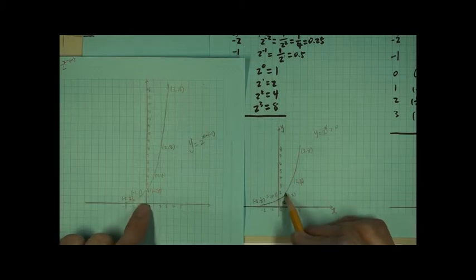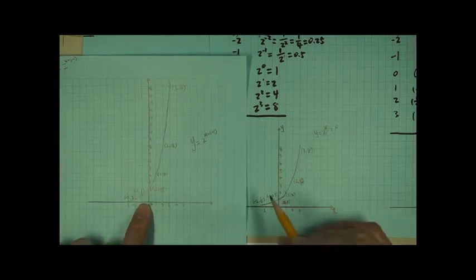It was here, the y-intercept 0, 1. But now if you shift this point to here, you have 0, 2. That's why the y-intercept is 0, 2, because this point shifts right here. And previously you have this point, let's say negative 1.5.